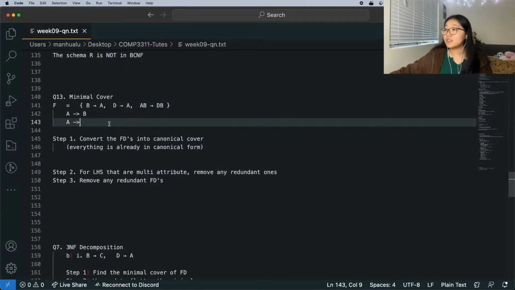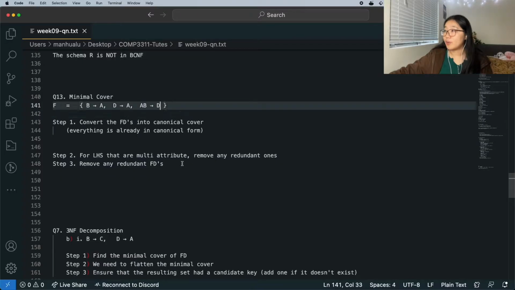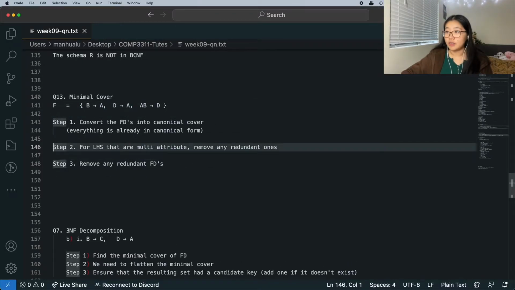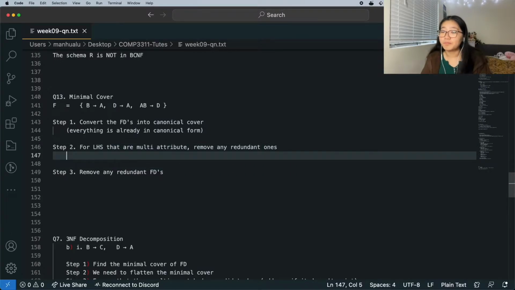Okay, but this isn't the question, so let's change that back. That is what you would do where something isn't in canonical form. Alright, for the second step, you want to make sure that all the functional dependencies with multiple attributes on the left-hand side have no redundant attributes. You want to remove them.